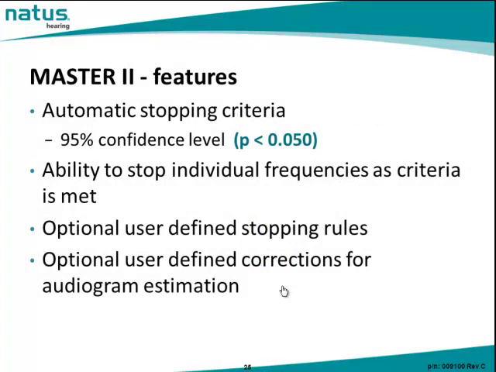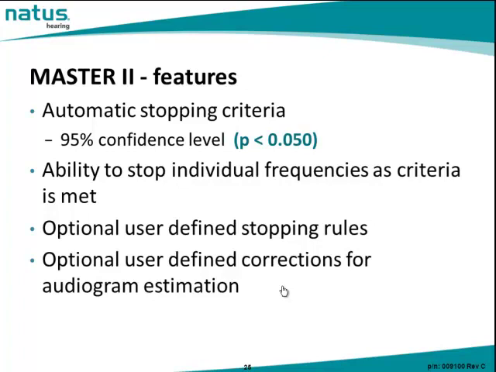As mentioned, there are automatic stopping criteria based on sweep count and based on p-value criterion. Users can also stop individual frequencies at any time they choose. They can create their user-defined stopping rules for automatic stopping of collection, and users can also define corrections to estimate the audiogram.